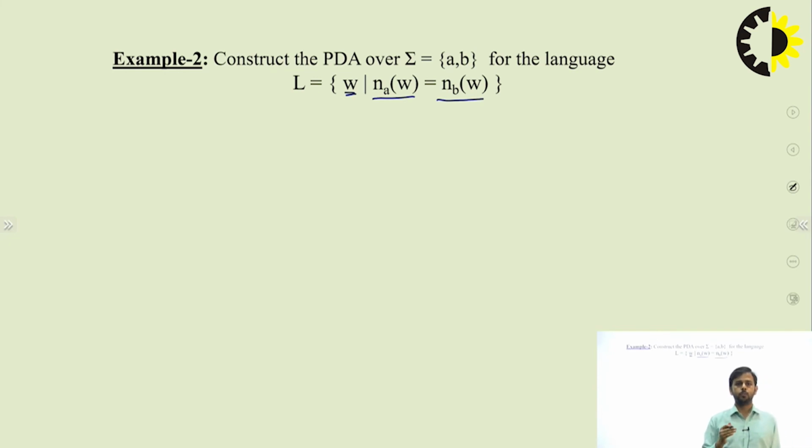When A comes, we push A into the stack. When B comes, corresponding to 1 A we pop; corresponding to B we pop A, and corresponding to A we pop B.